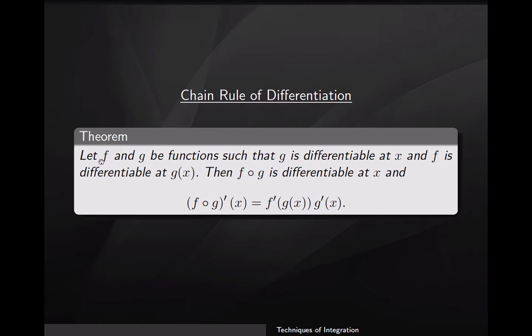All these words in the theorem are basically to make sure that the derivative will exist. So g has to be differentiable at x, and f has to be differentiable at g of x, because you want this right hand side to exist. So that's basically the chain rule: the derivative of the outer evaluated at the inner function g of x, times the derivative of the inner function, g of x in this case. This is the theorem on which the substitution method is based.